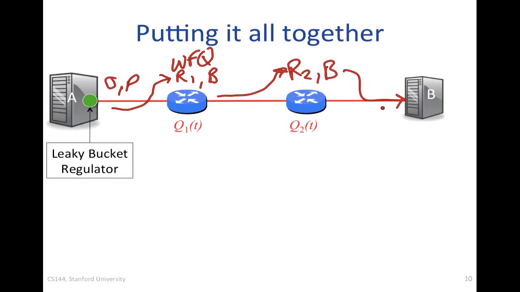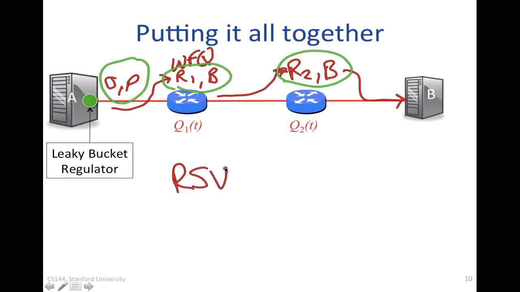So you may be wondering how these values of sigma and rho and the values of R1 and B and R2 and B get told to the routers and the source along the way. There's actually a protocol for doing this, for setting this up initially. This is called RSVP, or the Resource Reservation Protocol.